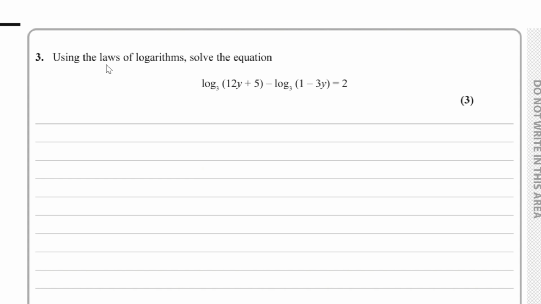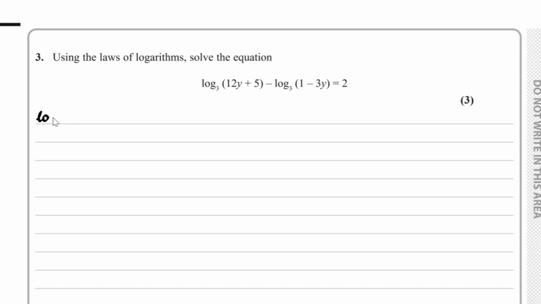Question number 3. Using the laws of logarithms, we have to solve the equation log base 3 of 12y plus 5 minus log base 3 of 1 minus 3y equals 2. The first thing we can do is use the subtraction law of logs on the left hand side. Of course, you'd find we have the same base, so that's possible.